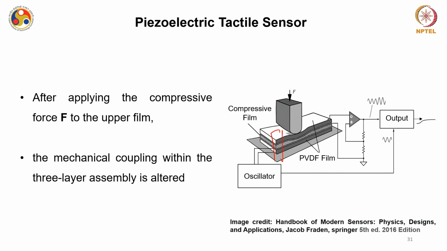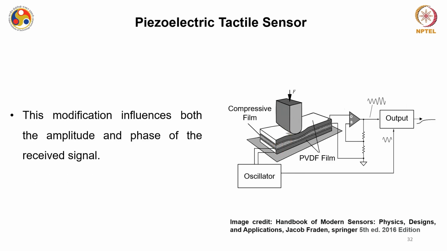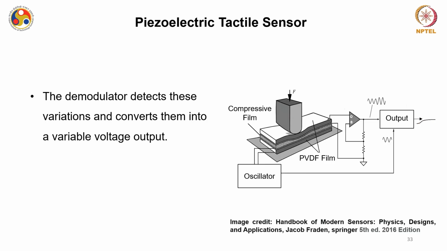Initially you have a certain output, and when you apply this force, there is a mechanical deformation. Because of that, the mechanical coupling in these 3 films will change, and this influences both the amplitude and phase of the received signal at this output. The demodulator detects this variation and converts it into a variable voltage output, which can be a signature of the applied force.